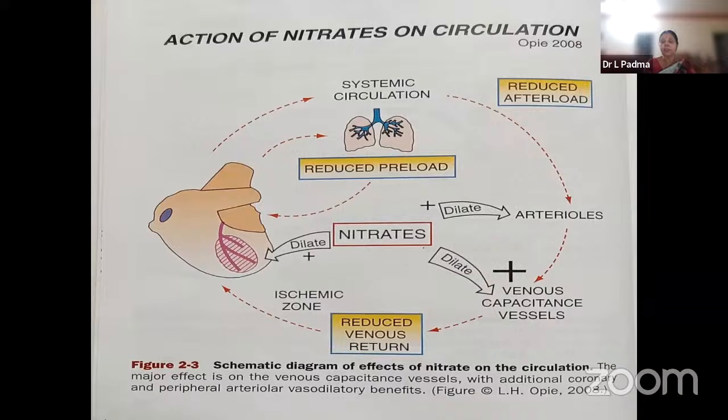Once there is reduced preload, after a minute or so, there is reduced afterload also, so that arterioles also dilate, and together with that, venous capacitance vessels will dilate, so that again there is reduced venous return, which will decrease the actions on the heart. Once they decrease these actions on the heart, the coronary flow will increase, and hence you get the maximum beneficial effect by giving nitrates.